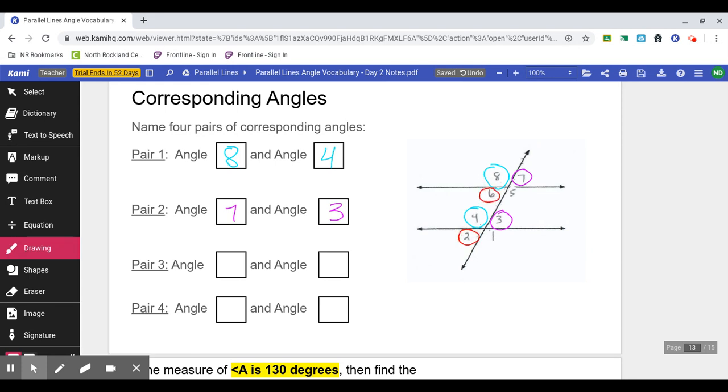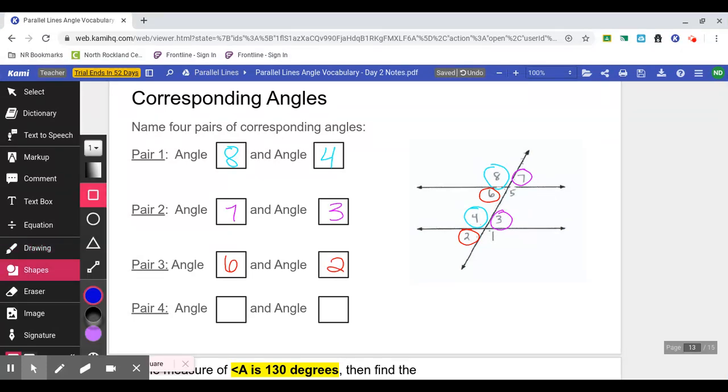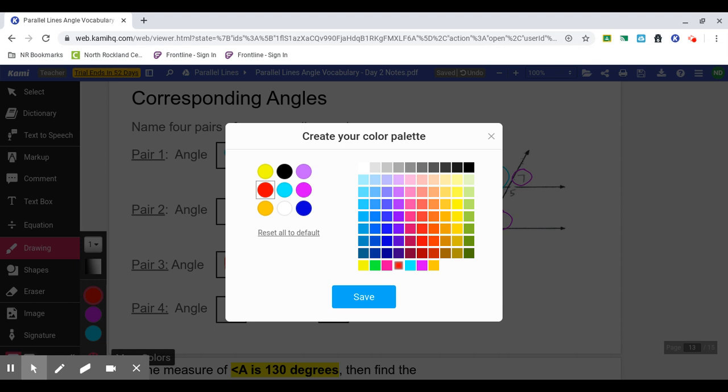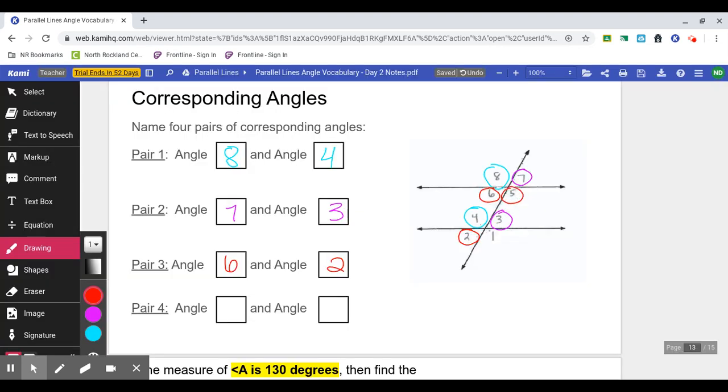Angle 6 and angle 2 are on the bottom left, which means they are corresponding angles and equal to each other. And last but not least, angle 5 and angle 1 are corresponding angles, which means they are also equal to each other.